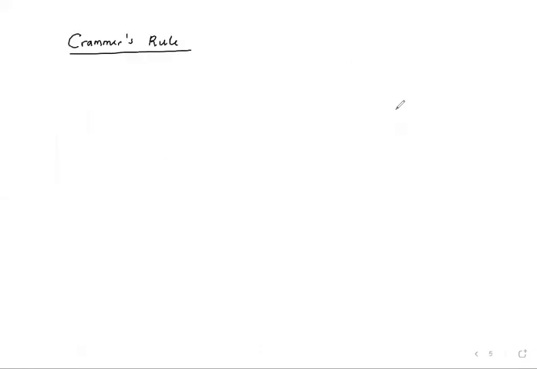So we talk about Cramer's rule. This is a very, very simple rule. It is used to solve systems of equations. An example, then we'll give the formula.